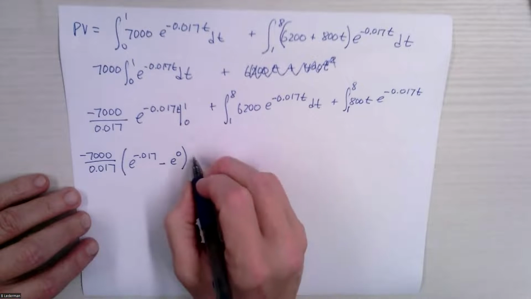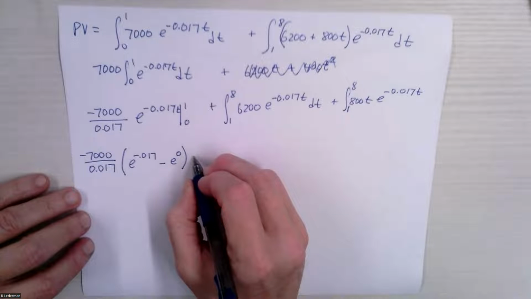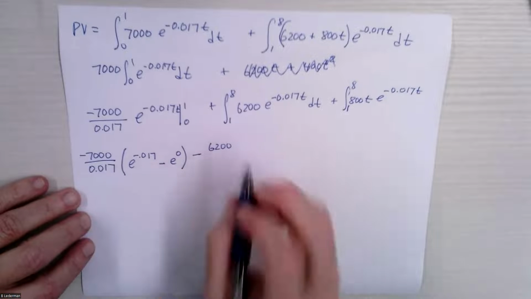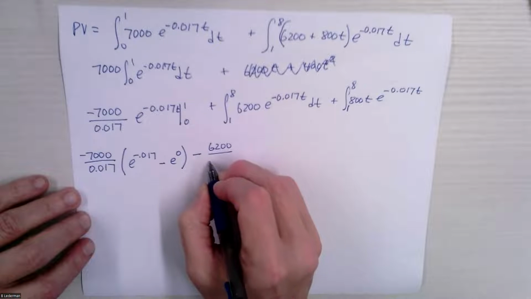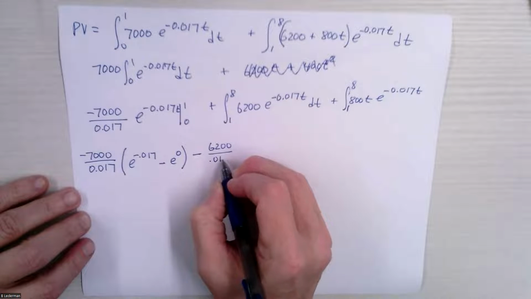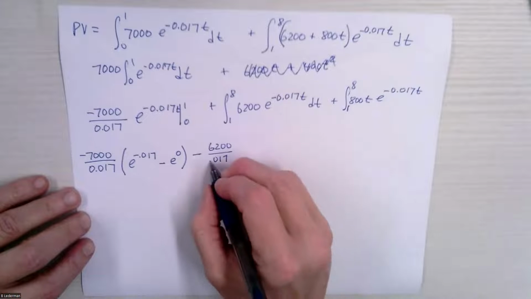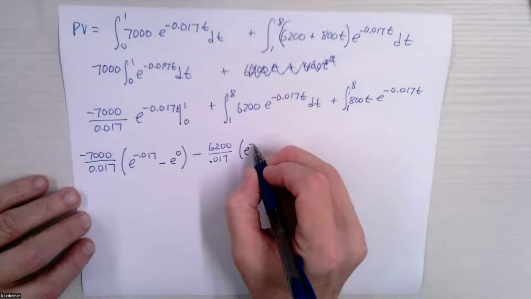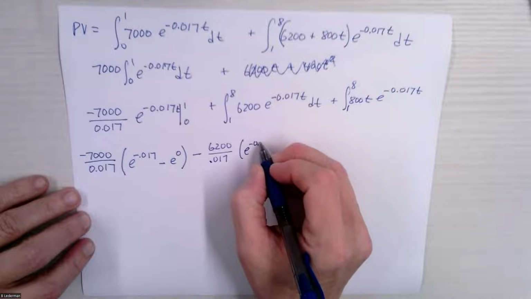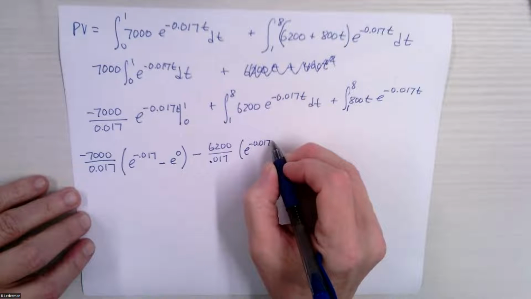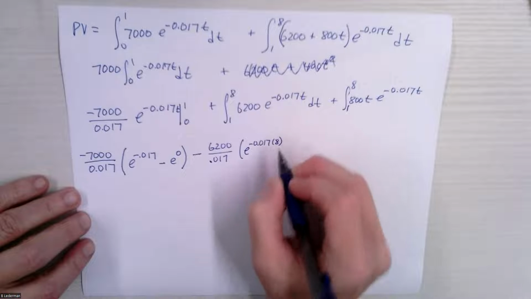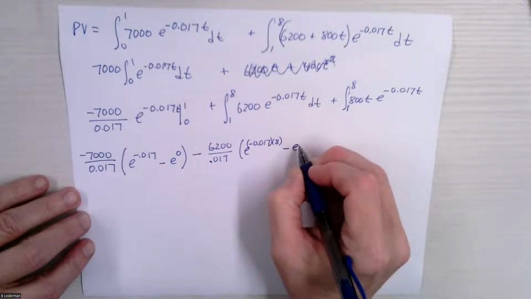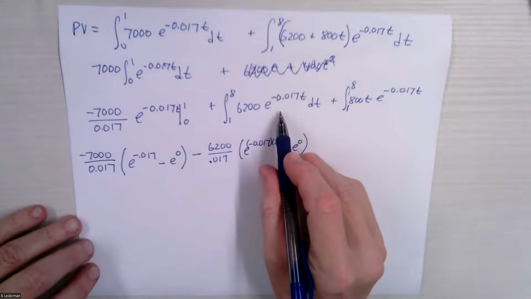So it's going to be negative 6,200 over 0.017 times e to the negative 0.017 times 8, minus e to the 0. That's this part right here.